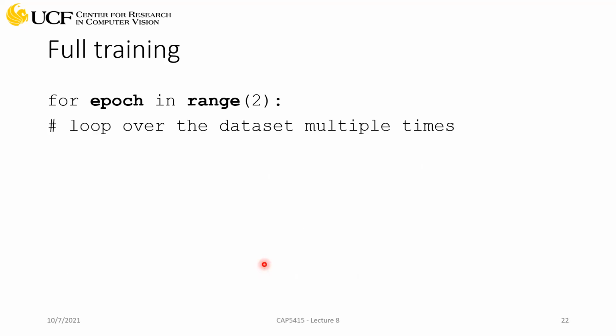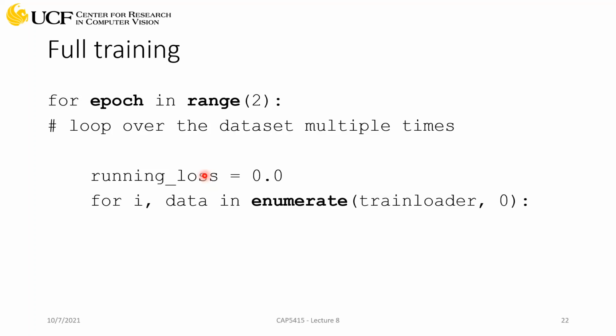So the standard code will be something like this. Each time you go into this for loop, it will be one epoch. In this case, it's two, which means you want to train it for 2 epochs. This is just some variable where you can store different things.